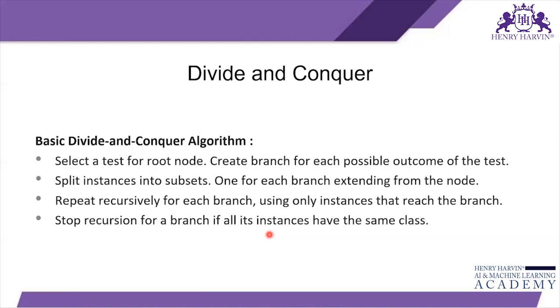So that's the meaning of divide and conquer, where we divide the data, split on the test for the root, create branches from those subsets, and split instances into subsets recursively till we get the same class or meet a condition. That's how the divide and conquer technique is implemented.